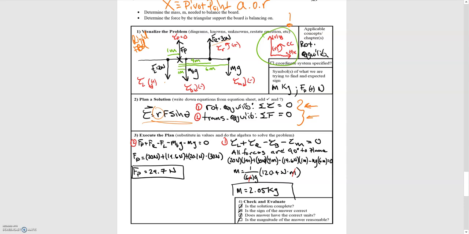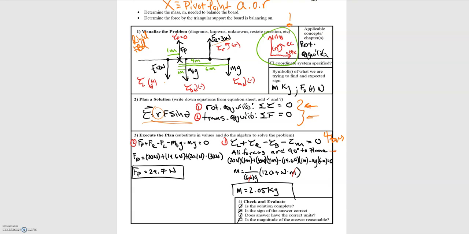To find the mass, we are summing the torques that are acting about that pivot point. There are 4 forces that are away from the pivot point, so we're going to have 4 torques as a result. All of our distances are 90 degrees to the forces, so the sine of theta is sine of 90, which is equal to 1.